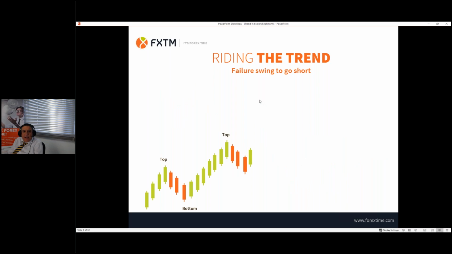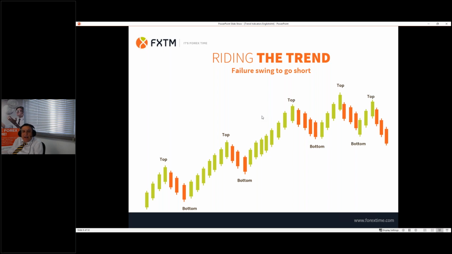So again, using tops and bottoms, we can identify this uptrend as defined by higher tops and higher bottoms. And this uptrend will continue to move higher and higher until this top here fails to go higher than the previous top. And not only does it fail to go higher than the previous top, it also drops below the last bottom.